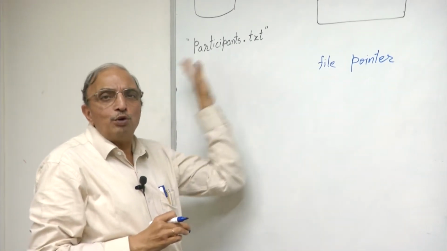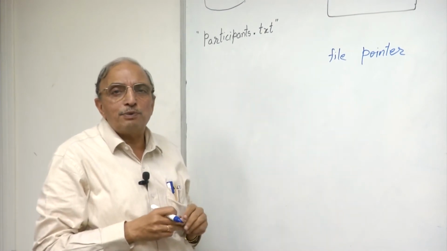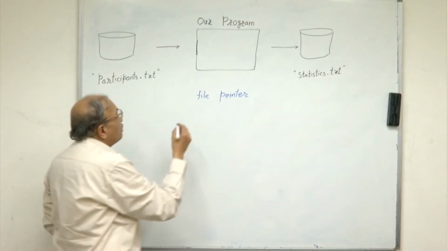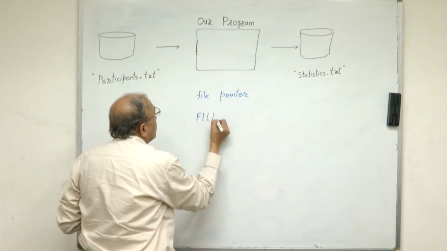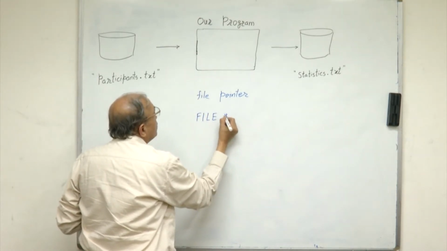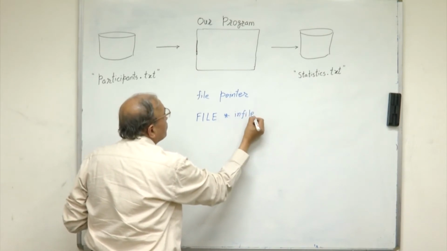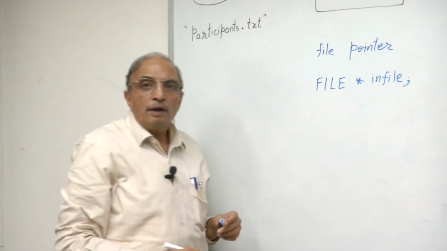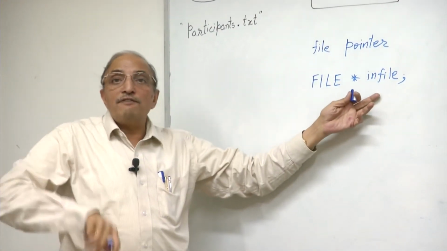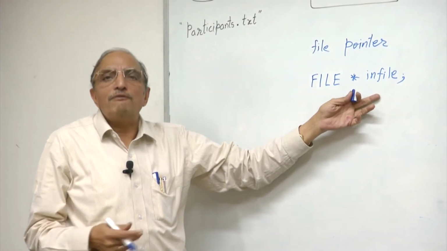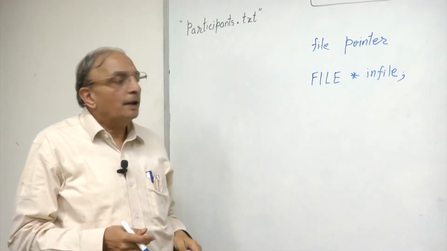These names have nothing to do with the external file names, but these are the internal names within the C++ program. For example, I could declare FILE star in file. From this point onwards, in file becomes an internal file name for the file from which ostensibly I wish to read data into my programs.